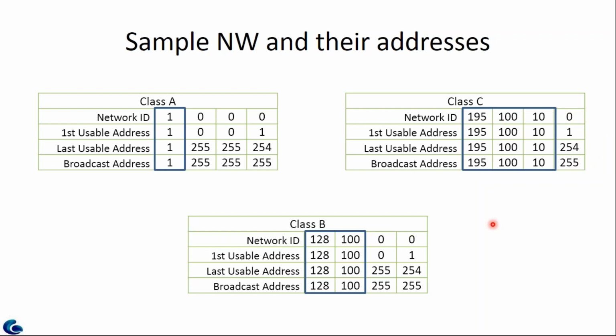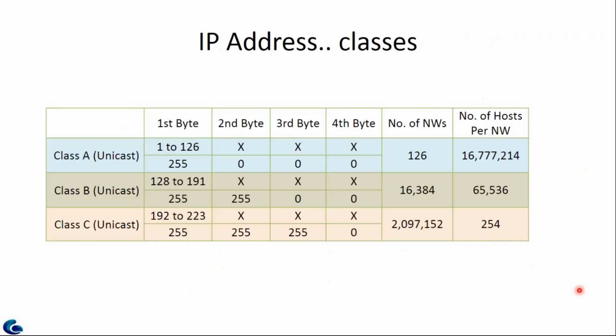So a simple way to identify the classification is to look at the first byte. Subnet length can be anything, but the minimums are these values, by the way. It can be 8 or 16 or 24. But the way to identify which class an address belongs to is by the first byte only. That's the only way, right?